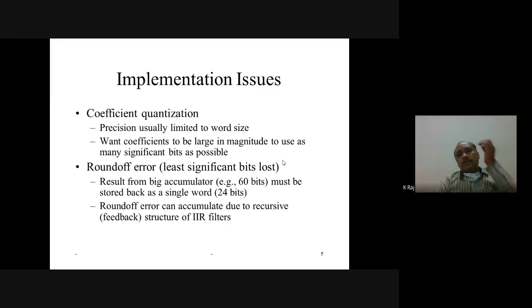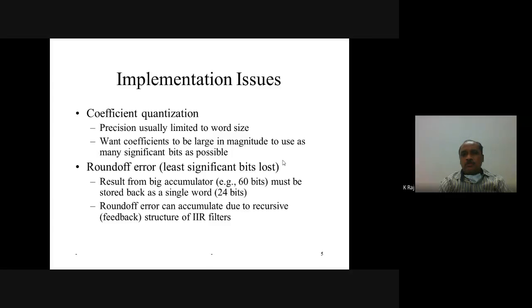Now, implementation issues. During the design, we assumed infinite precision, meaning each and every coefficient is represented using an infinite number of bits. But during implementation, there is a need for finite word length, so a finite number of bits has to be used, limited to the word size.